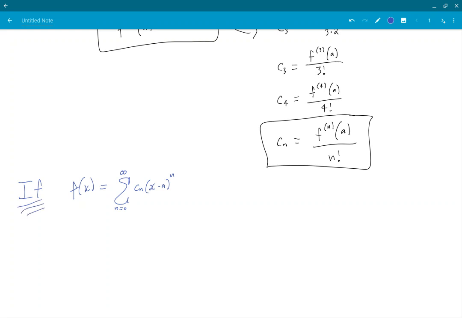Okay, I want you to underline that. This is not always true. And we're not even going to prove when it's true in this class. Then, well, here's our formula for the coefficients Cn.